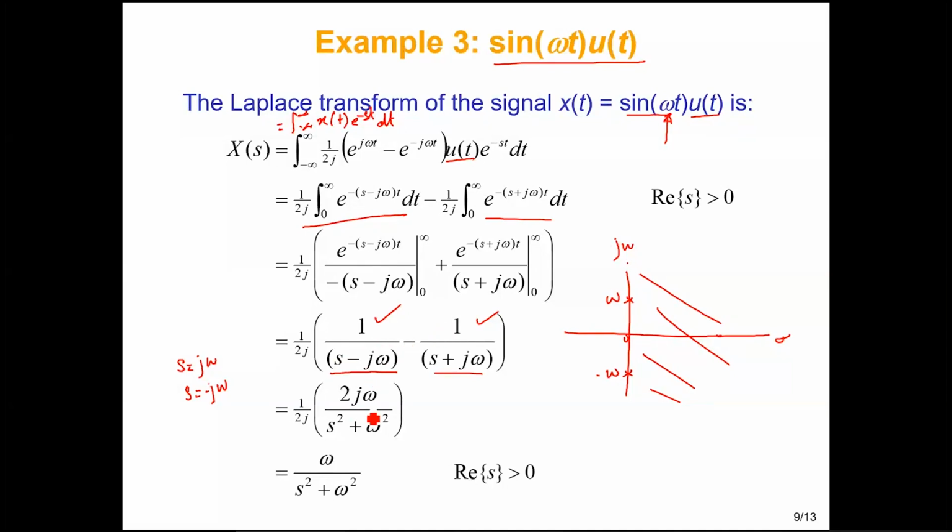We can combine them together and write it like this, or as this. So this is your Laplace transform of sine, and the region of convergence is the real part of s greater than 0. We can say sigma greater than 0, or we can just plot it like this.